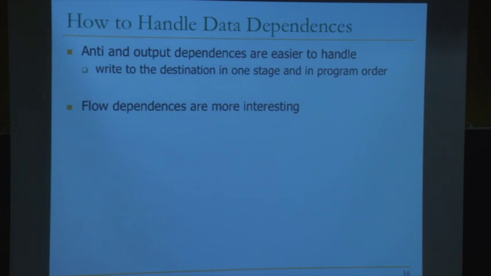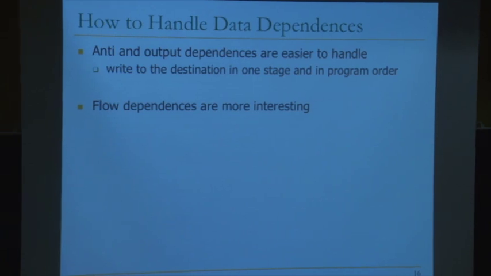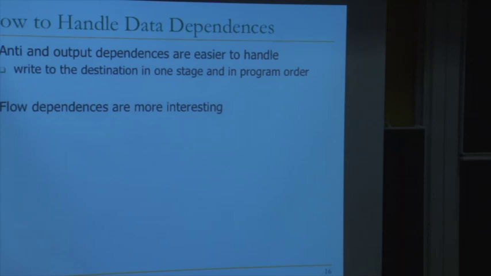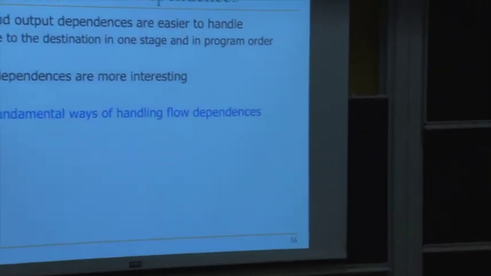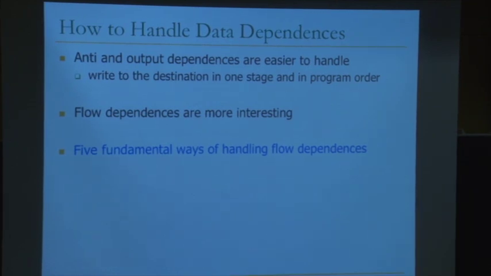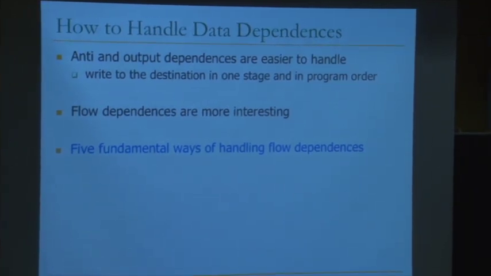Flow dependencies are more interesting. When you actually have a true dependence, that's a lot more interesting. And there are actually 5 fundamental ways of handling flow dependencies, all of which I intend to cover. The first one is easy, right? You detect the dependence and wait until the value is available in the register file.